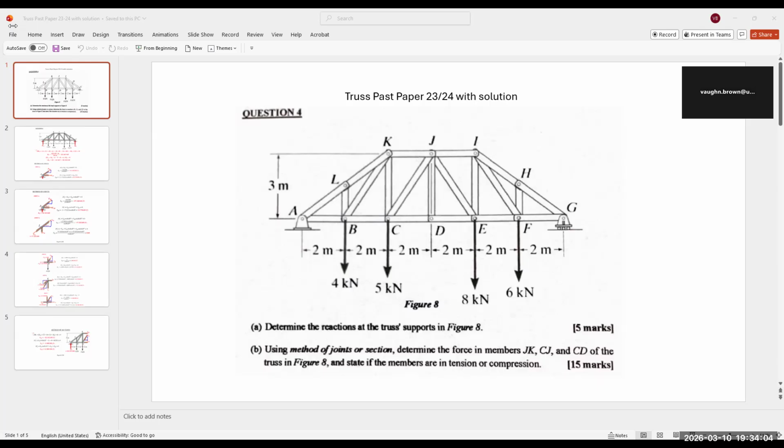Now, the question says, you must determine the reaction at the support. So first you look and you see your global forces. You have 4 global forces that you know. You need to draw your free body diagram. So it's long, but I'm going to sketch the free body diagram as quickly as possible. So let's look and sketch it. It will not be drawn to scale, right? In the short time, it will not be drawn to scale.